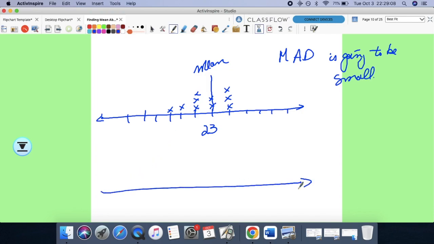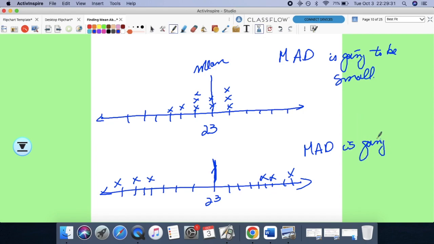Now if I gave you something like this, but again, here's the mean, it's 23, and I gave you some values, this one is going to have a big MAD. Why?